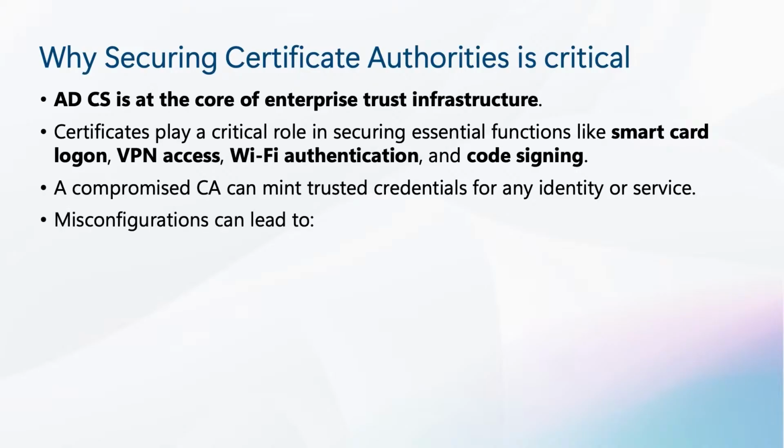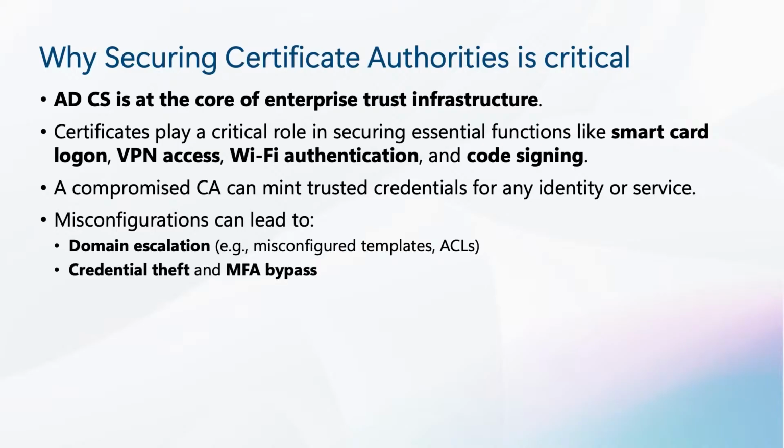Simple misconfigurations can often lead to more serious security issues like domain escalation, especially with overly permissive templates or access control lists, credential theft, and MFA bypass, since certificate based authentication is often considered sufficient for MFA. Persistence and stealth access using valid long lived certificates.